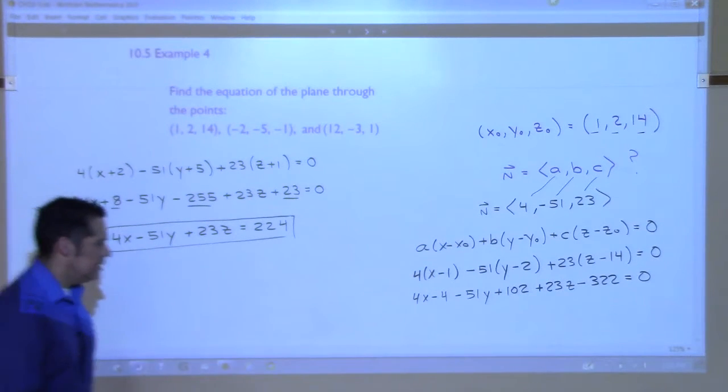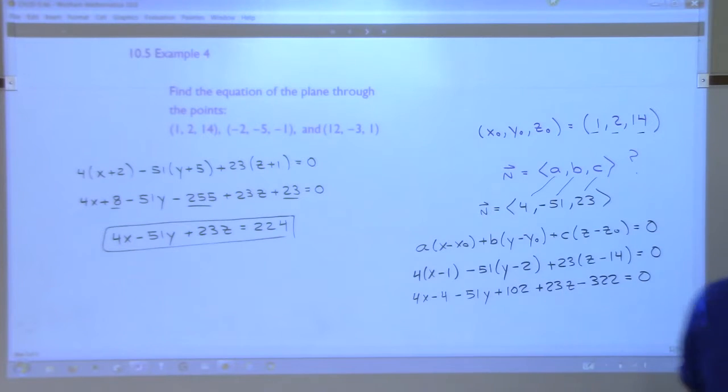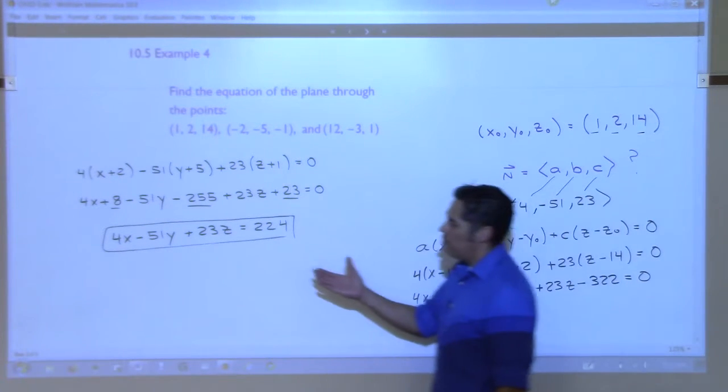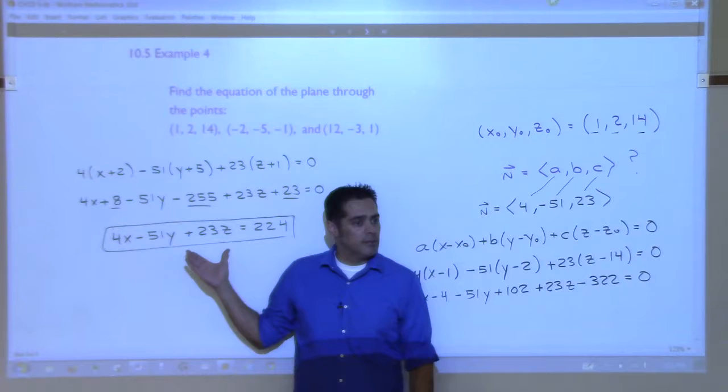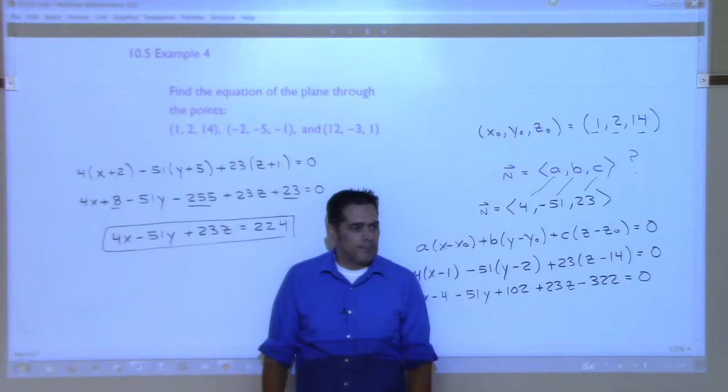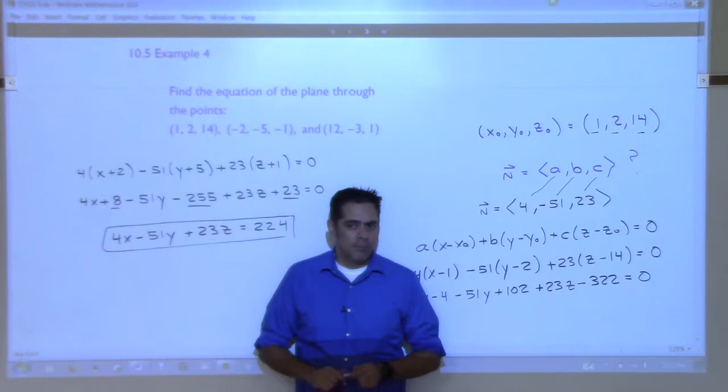More than that, here's something really important. What if I started a problem out right now and I said, hey everyone, here's the equation of a plane, what is the normal vector of this plane? Do you see how easy it is to find it?